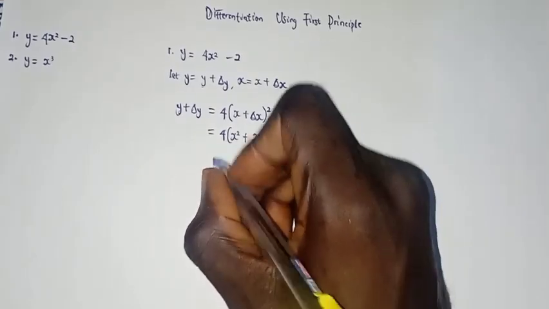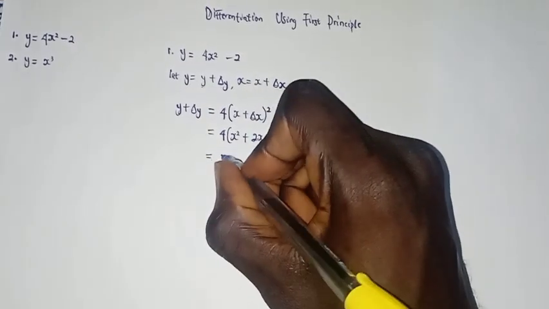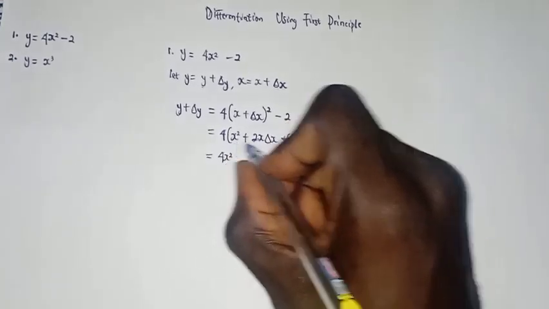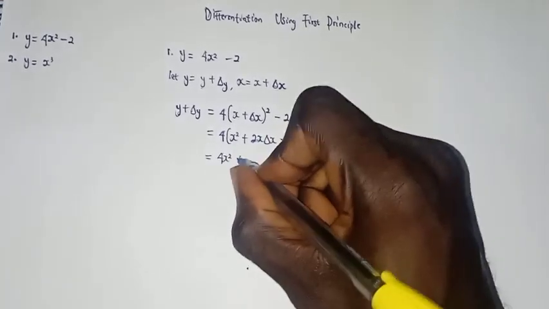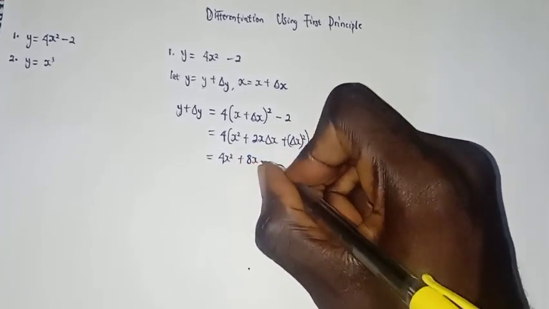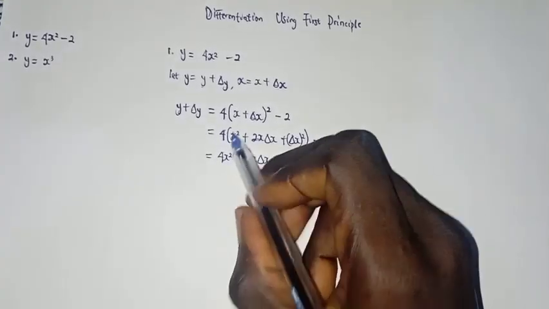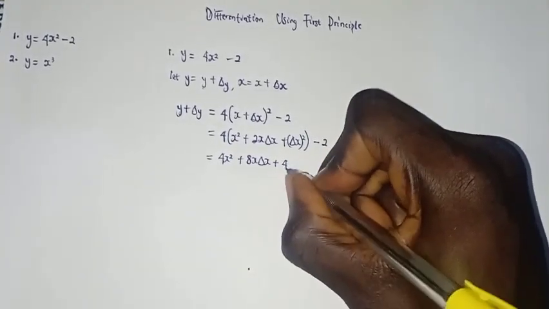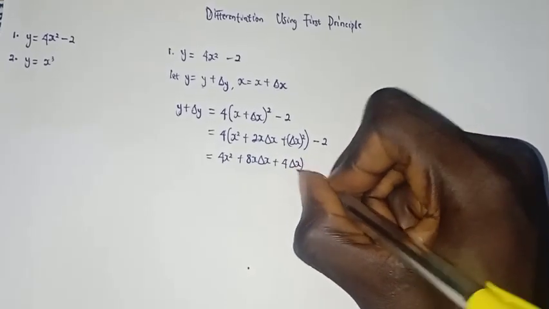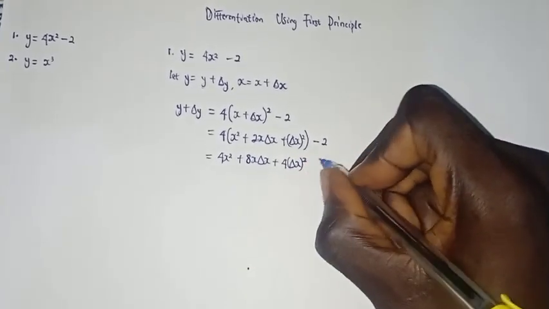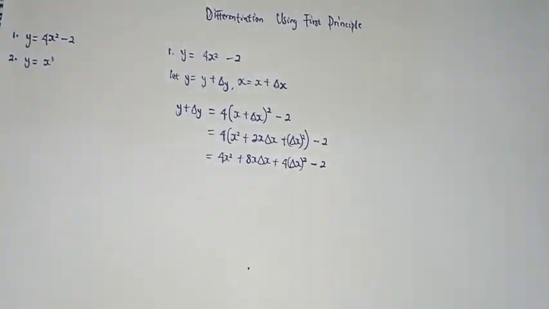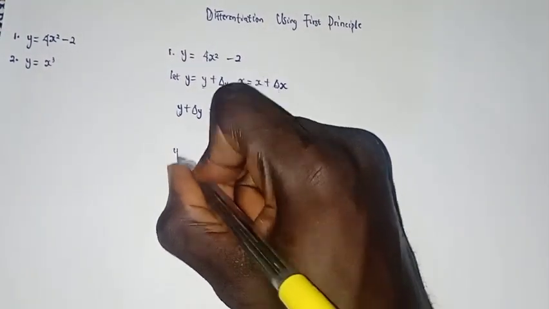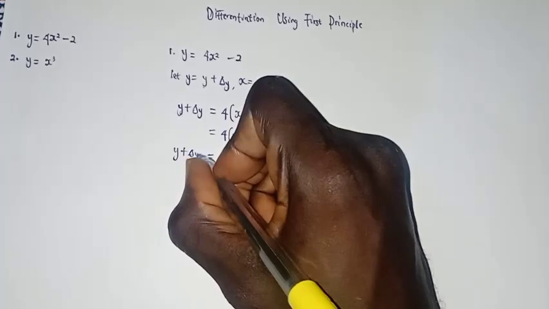Let's open the bracket further, and then we have 4 times x squared becomes 4x squared. 4 times 2x delta x becomes 8x delta x, and then 4 times delta x all squared becomes 4 delta x all squared, and then minus 2.